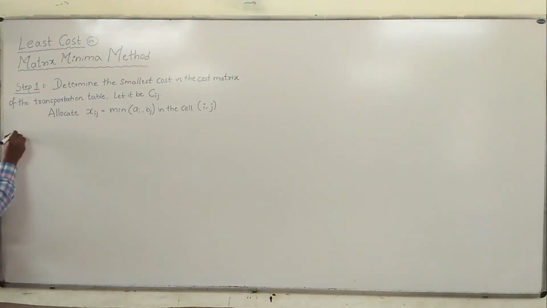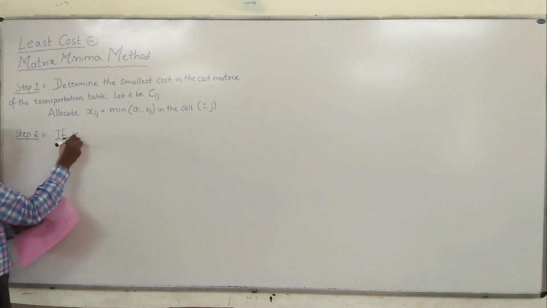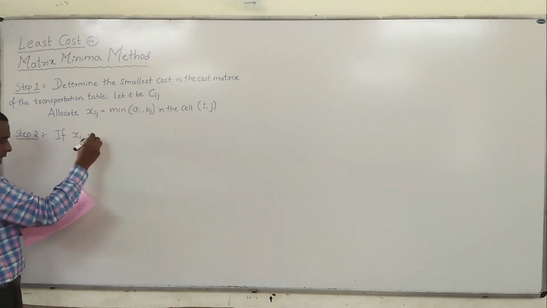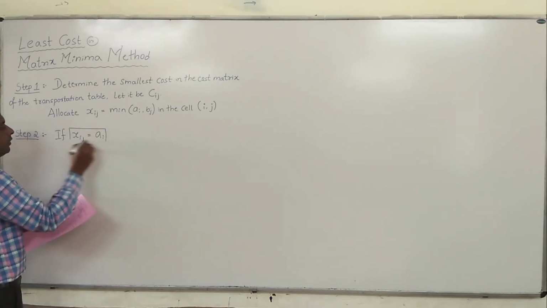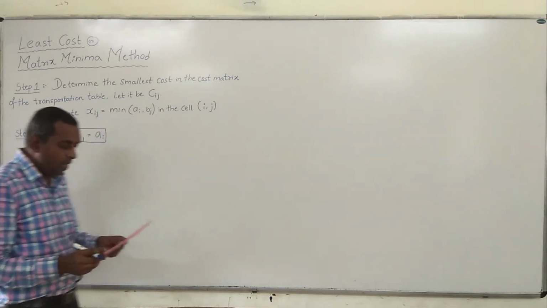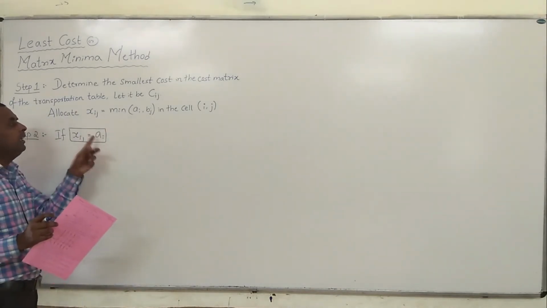Whereas in step 2, if Xij is equal to Ai, so these are the conditions. Xij equal to Ai means the minimum is Ai.